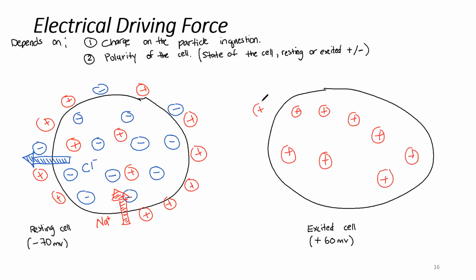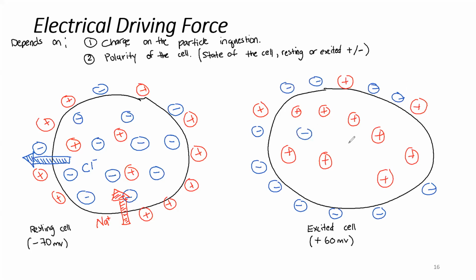And then outside the cell is going to have an abundance of anions, so very few cations outside, and then very few anions inside here.